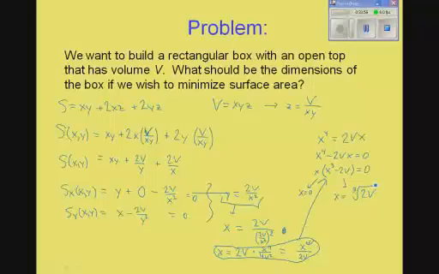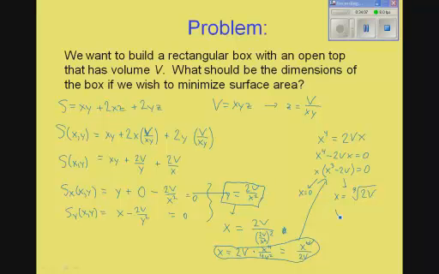Okay? So it seems like the cube root of 2v is what I want. And if I then find y using this equation that I have in the rectangle here, I think you get y as the cube root of 2v also. And you should, so that's good. And then how am I going to get z? Well, z is going to be v divided by the cube root of 2v times the cube root of 2v.